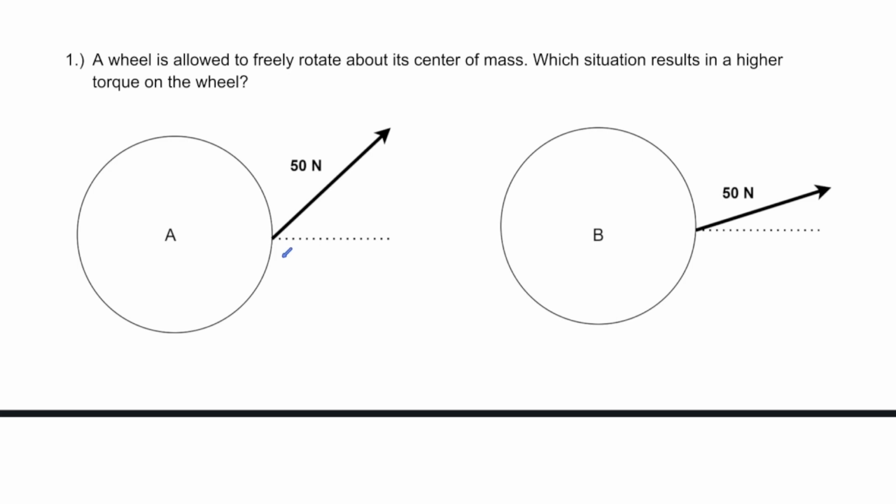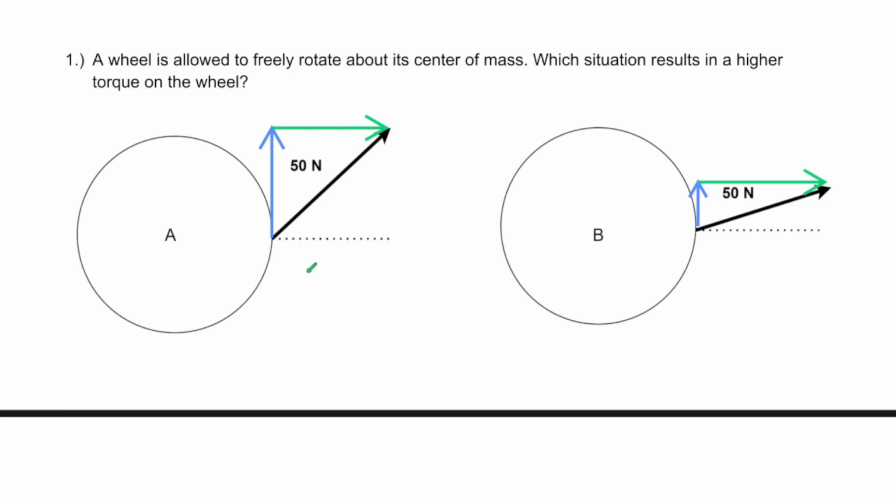So if I split these vectors up with a nice little tip to tail addition, we can see that clearly the first case has more of the force vector oriented vertically. And that's what's actually causing the rotation. Because again, if you think about spinning a bike tire, you got to press perpendicular to the tire.